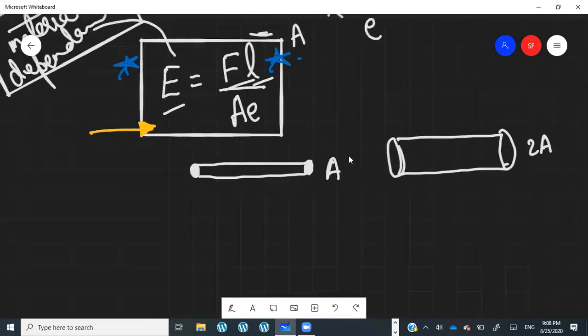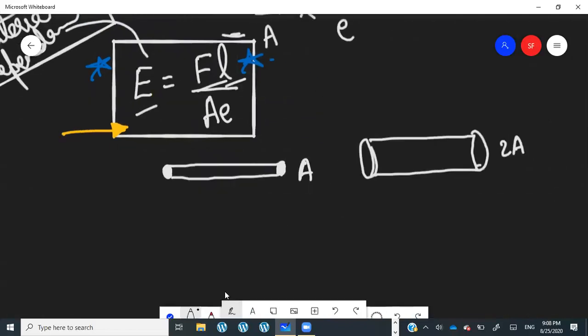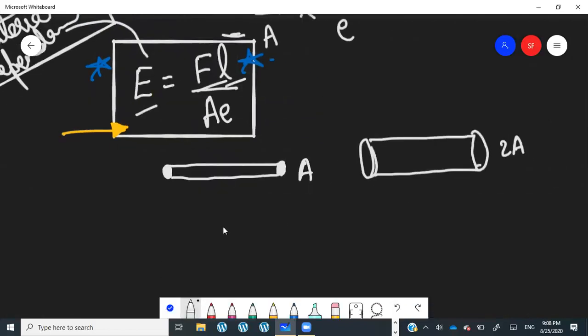How are you going to do that? Assuming that every other thing in this formula is the same, except for the extension and the area. I gave you the area, I want you to calculate the extension. What's going to be the extension of this second wire as compared to the first one, if the first one had an extension of E?